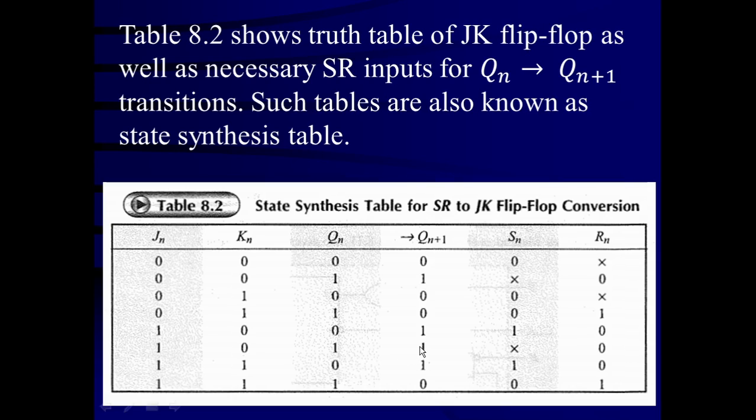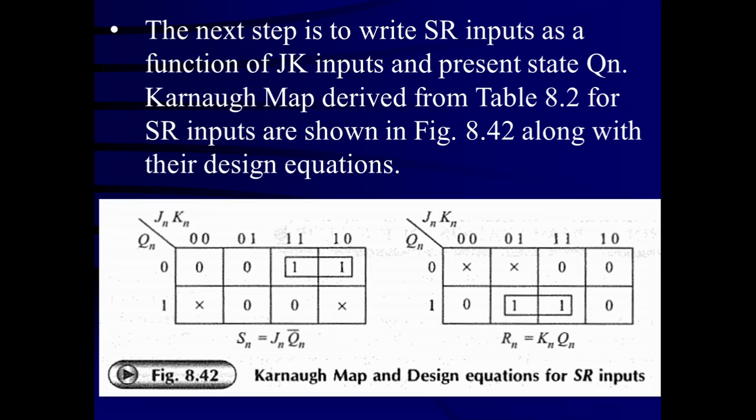Again, for 1 to 1, that is the x0 condition. For 0 to 1, set condition 1, 0 is required, and for 1 to 0, reset condition 0, 1 is required for SR flip-flops. This way, the state synthesis table for SR to JK flip-flop is going to be prepared.